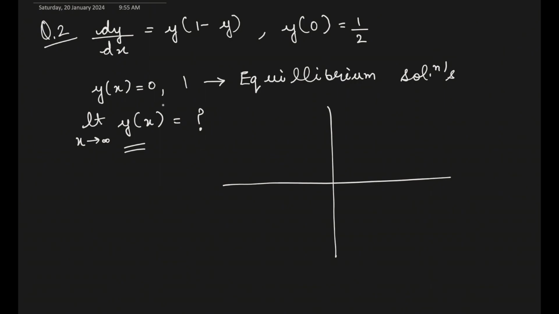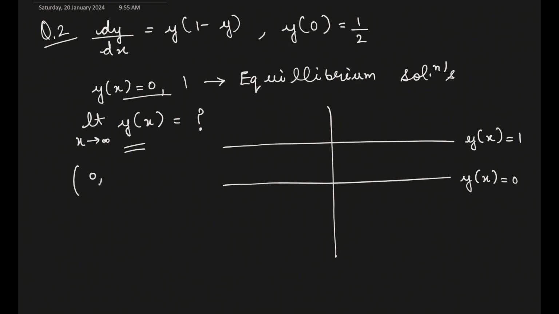Firstly, I have found two equilibrium solutions, y(x) equal to 0 and y(x) equal to 1. And condition is given as y(0) equal to 1 by 2, or I can also say this as the point (0, 1 by 2), x comma y. So it will lie here at (0, 1 by 2).